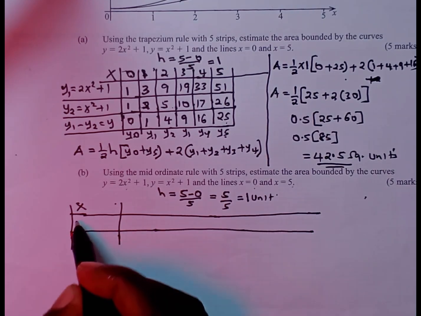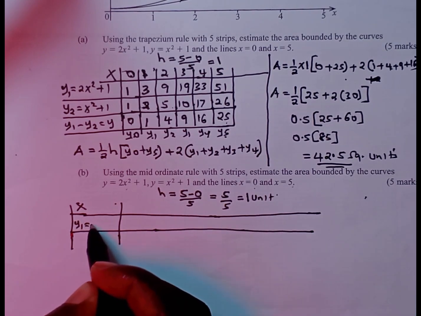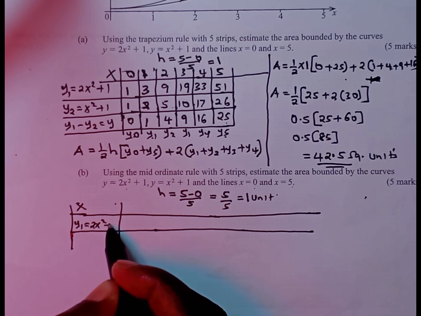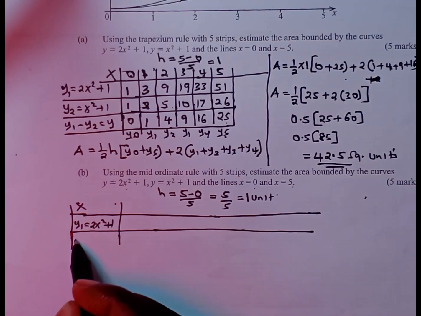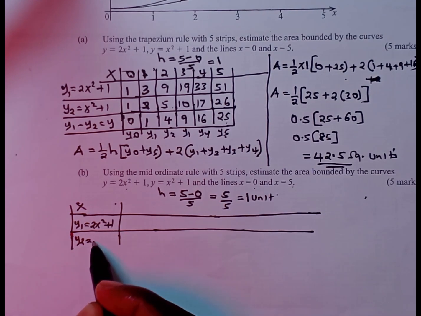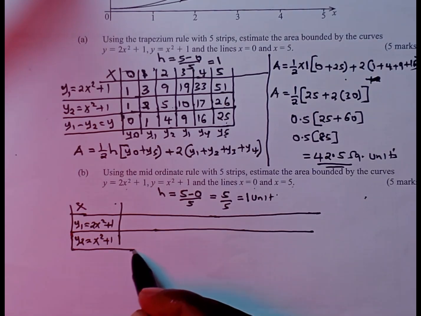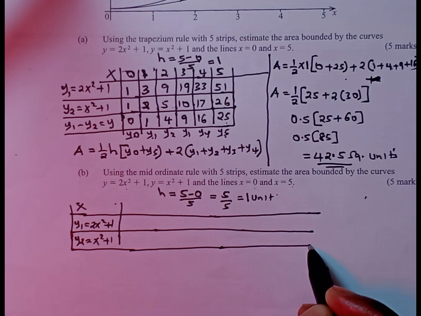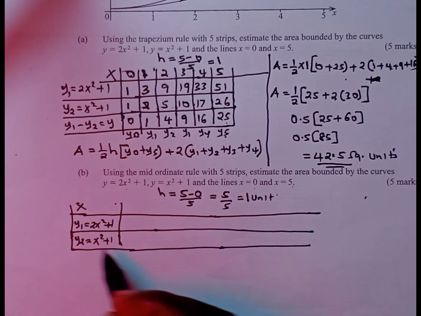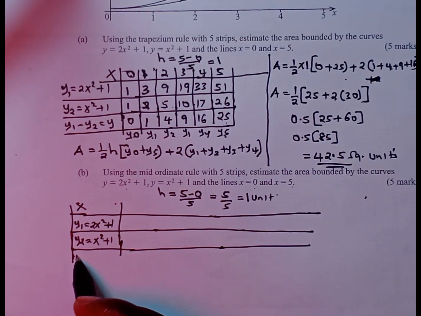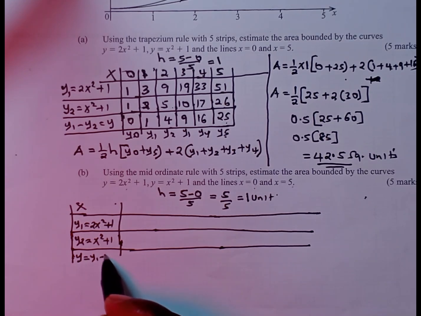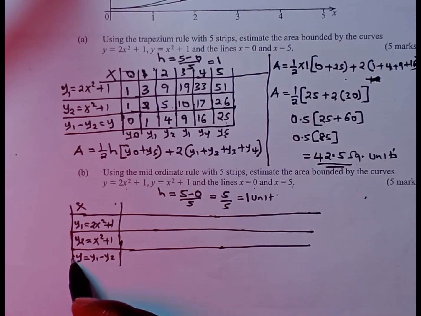This is y1, which is twice x squared plus 1, and this is y2, which is x squared plus 1. And here we will get the value of y by taking y1 minus y2.